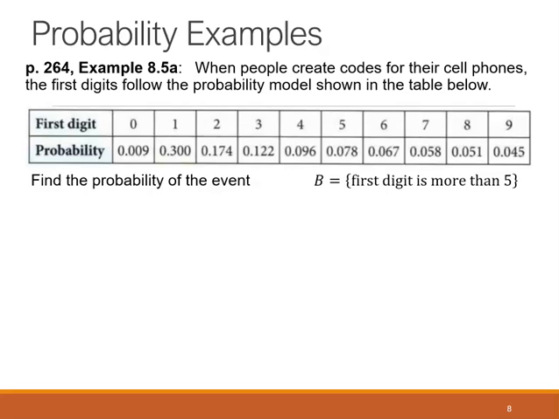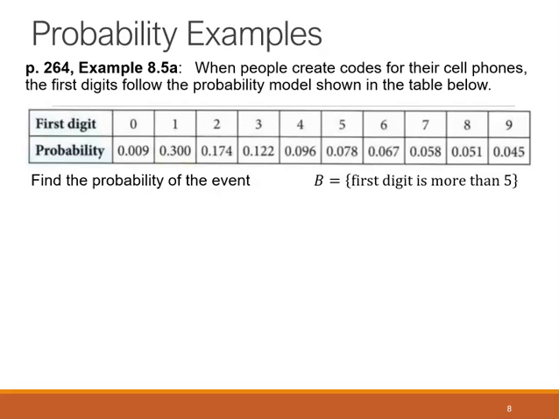The probability that the first digit is more than 5. What are the outcomes in that event? 6, 7, 8, and 9. Now, that means we're calculating the probability of 6, or the probability of 7, or the probability of 8, I'm sorry, the probability of 6 or 7 or 8 or 9, right? Now, are these events mutually exclusive? Yes. Why? Because your first digit can't be 6 and 7.